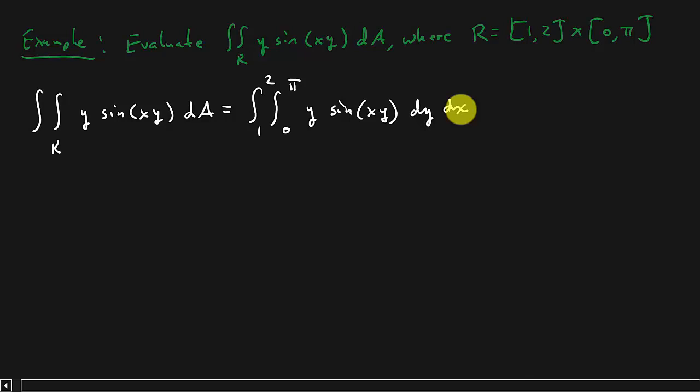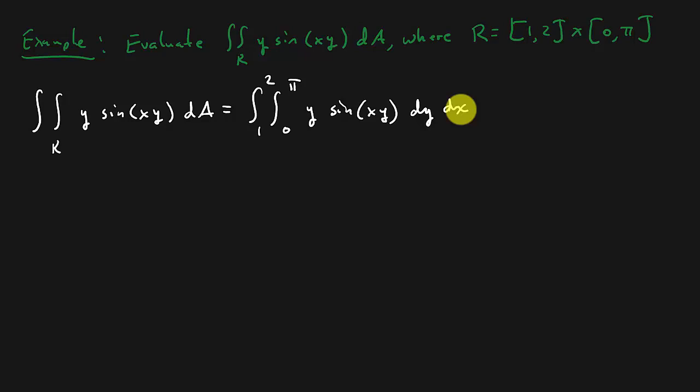All right, so how do we go about solving this problem? Well, actually, if you look at this, we would have to use parts, wouldn't we? We would have to do integration by parts.